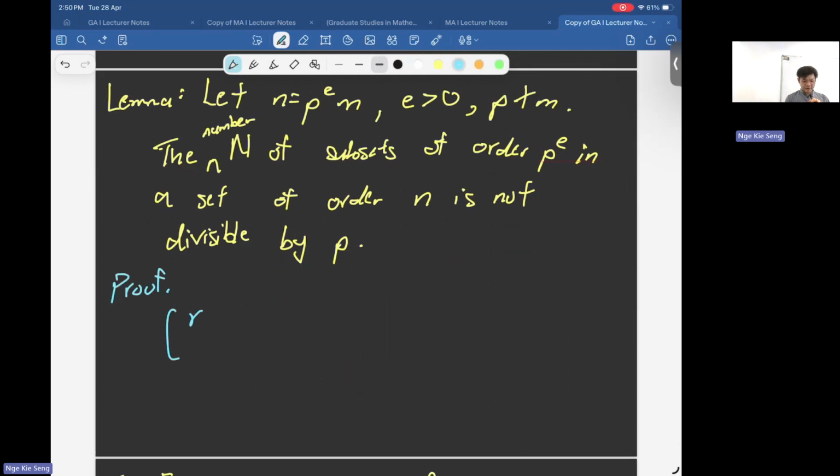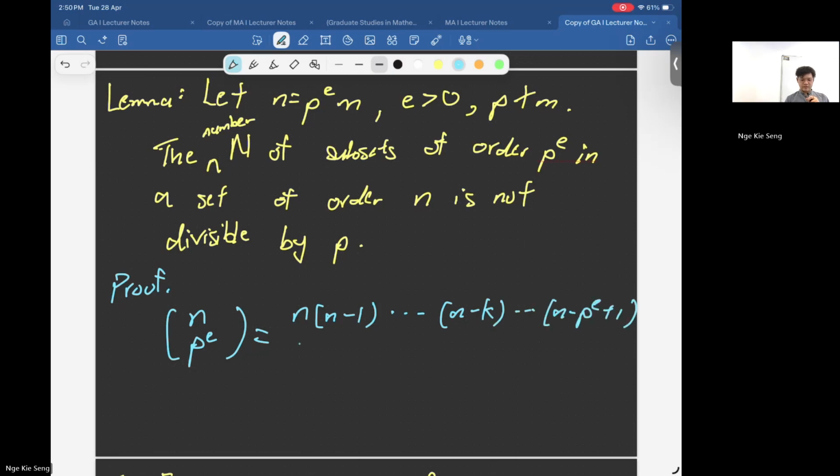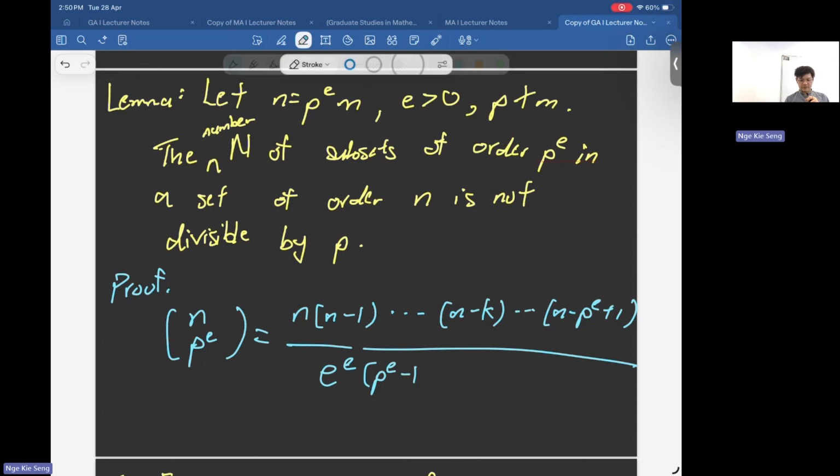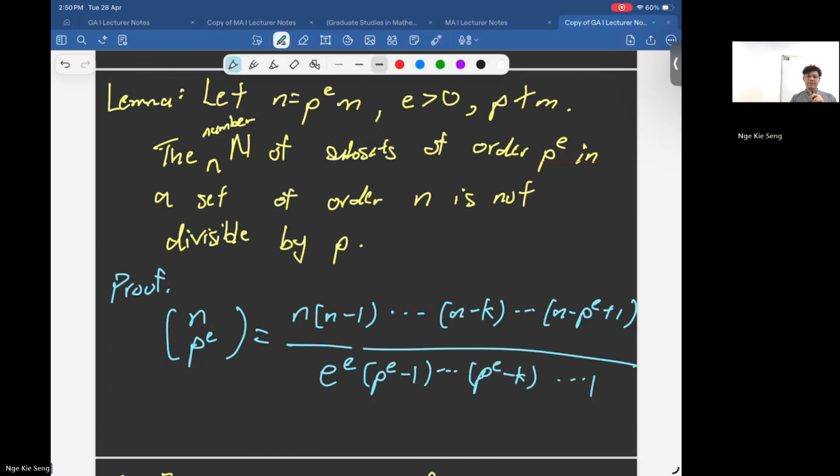So if you do n choose p to the e, the formula looks something like this: p to the e times p to the e minus 1, down to p to the e minus k.